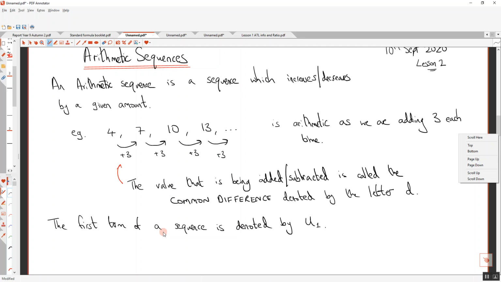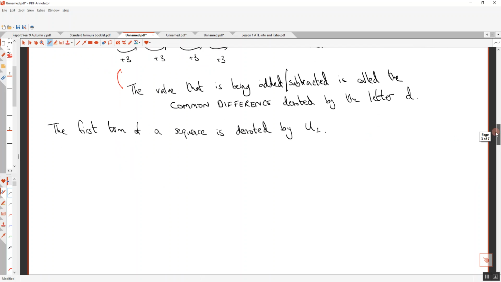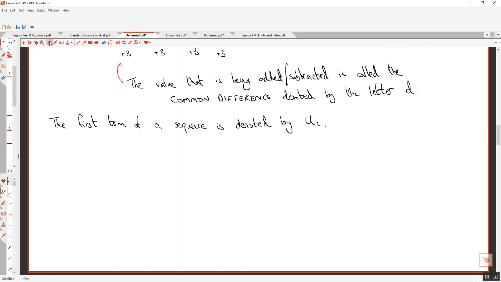So these you can come up with quite easily. It's always whatever the common difference is multiplied by the n, and then plus or subtract whatever you need, okay? Now, there's also a formula that you can use for this, which is pretty nifty.